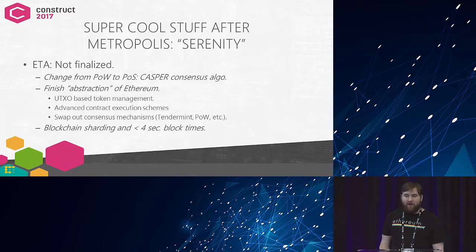You can have advanced contract execution schemes. So the ability to have contracts, like I said, pay for their own transactions, which is a huge step in having smart contracts be more autonomous and not have to be activated by outside influence necessarily. And then blockchain sharding.